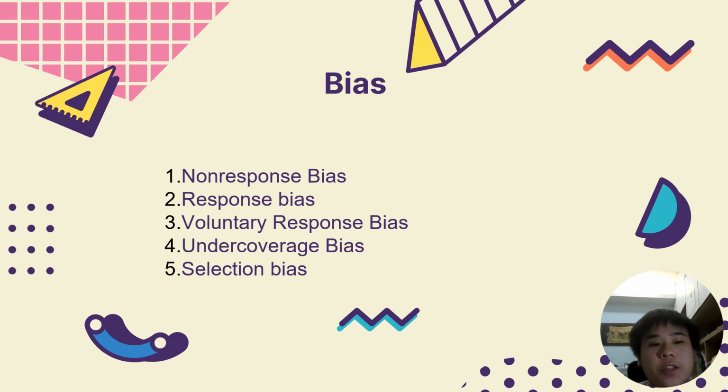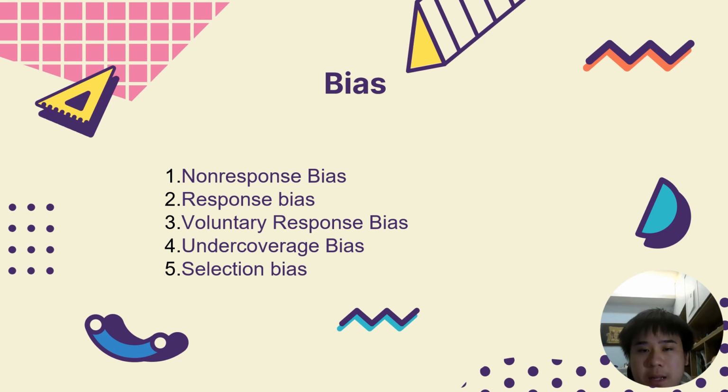Now, undercoverage bias also happens a lot in many places. It basically occurs when some members within the population are inadequately represented in the sample. For example, when you're conducting a phone survey that only includes landline numbers, which excludes those who only have mobile phones.